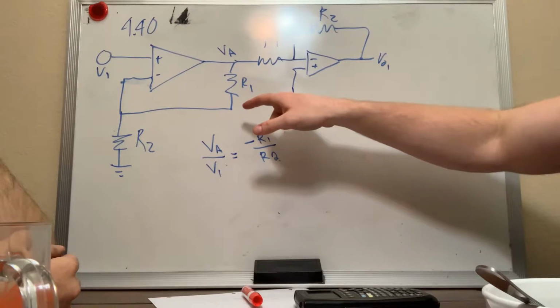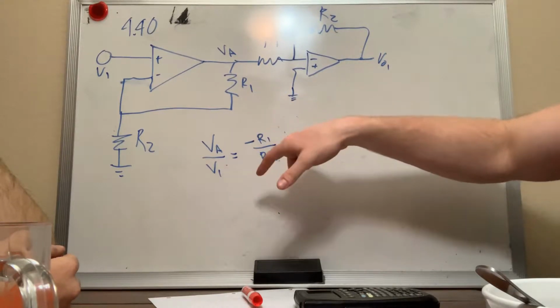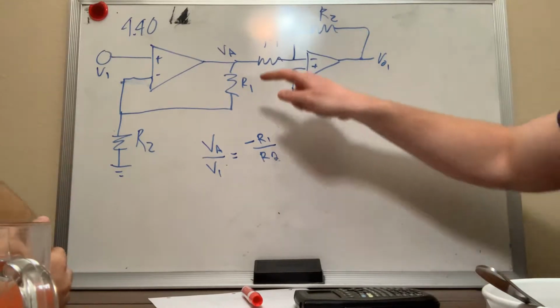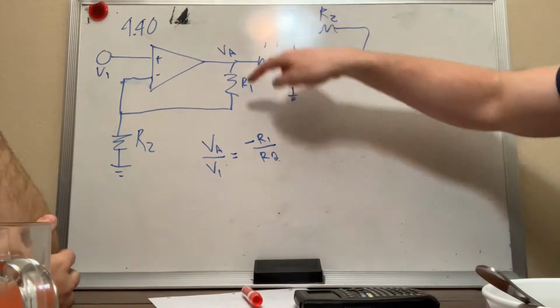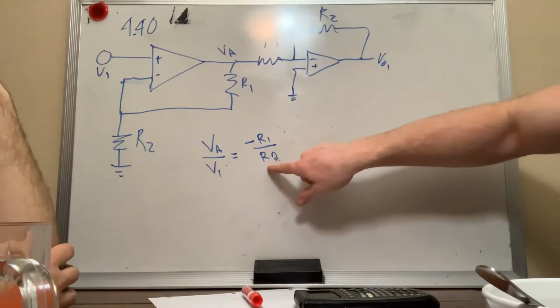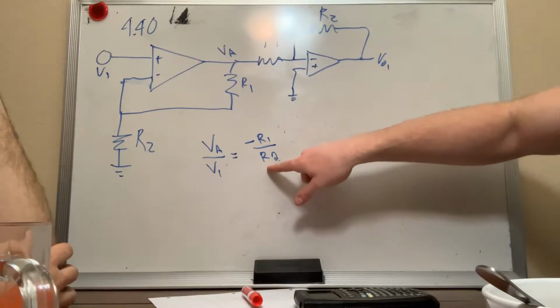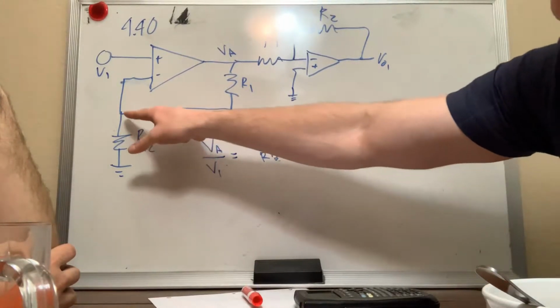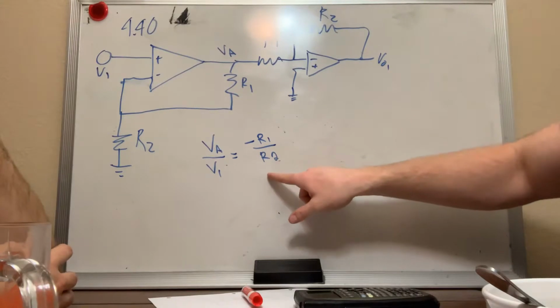For those of you who watched my amazing op-amp video, that was so crystal clear with no static on the microphone, you saw how we derived this. So I'll just keep it here for now as negative R1 over R2, okay? So basically you derive it by doing a node voltage at this node and then work it out, and this is what you'll get.